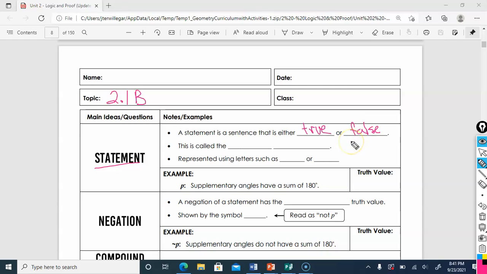You may be asking yourself, why are we doing this in geometry? Well, math is the study of logic. If you do any sort of computer programming, this section is huge. Also, telling whether or not something is true or false is kind of important. We're going to call that the truth value.